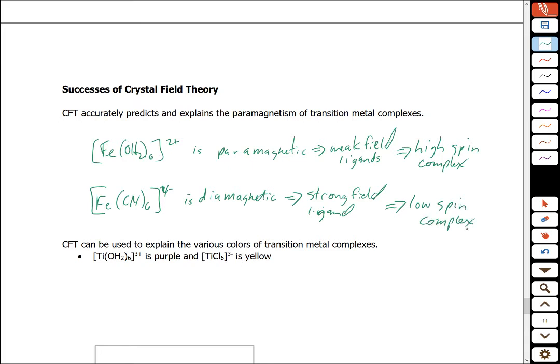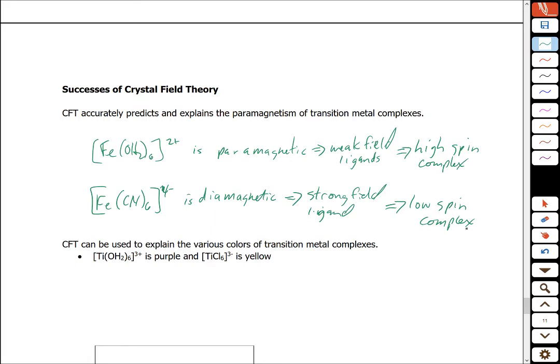Okay, and we can measure that, right? I mean, we can perform that experiment. We can measure the number of unpaired electrons in a compound by simply weighing that compound in a magnetic field. And remember, paramagnetic ions are attracted to magnetic fields, and diamagnetic compounds are weakly repelled by magnetic fields.